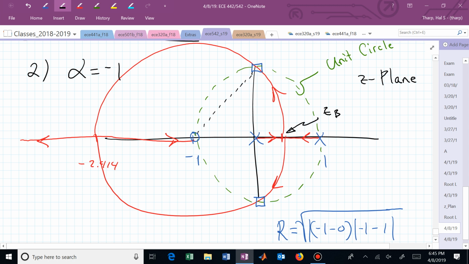But that's the hypotenuse of a right triangle that has a horizontal side of 1, an imaginary side of 1. Doesn't that have a hypotenuse of the square root of 2? That's why I can now say that box is actually at j1. It's right on the imaginary axis. I could compute the k to get me there. If you do that, you should find that k is actually going to equal 1.